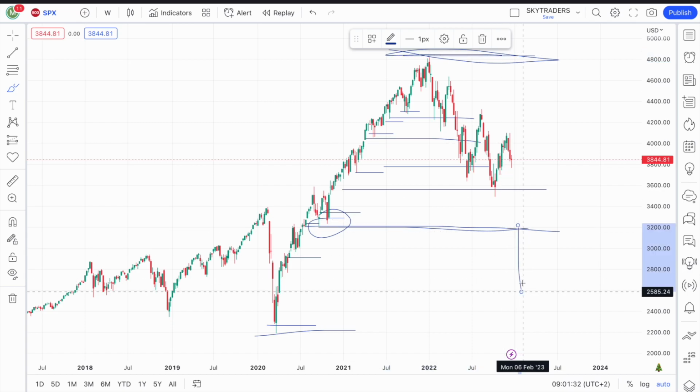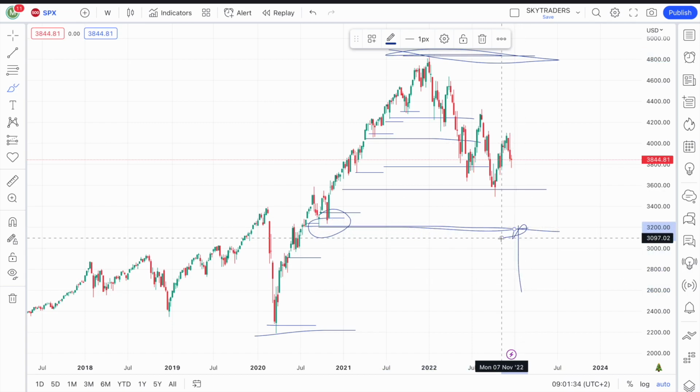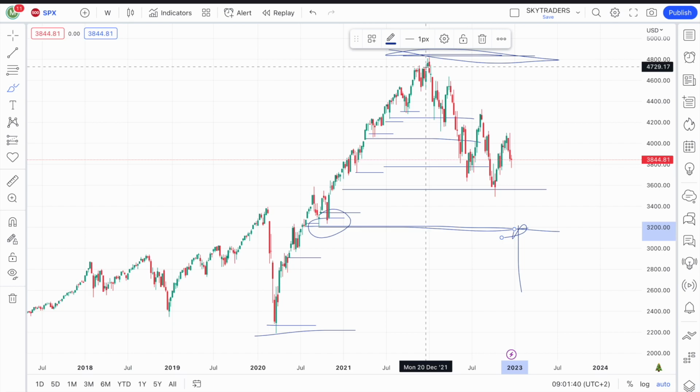We pointed out that this is a possible next target that we can reach on the weekly time frame. And also on the weekly time frame we are creating lower highs with lower lows. That's a good sign that we're in a downtrend for sure.